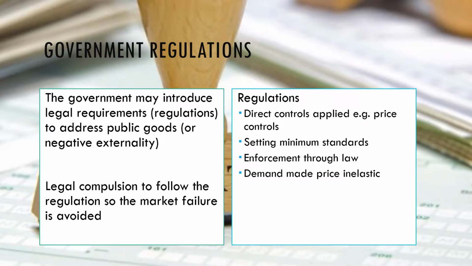For example, they might have direct controls on price for certain businesses. They might say you can only raise your prices by a certain amount to stop them exploiting customers who have to buy it. They could set minimum standards for quality or for environmental regulations. They can enforce these through law, and effectively they can make demand more price inelastic for certain things like car insurance.